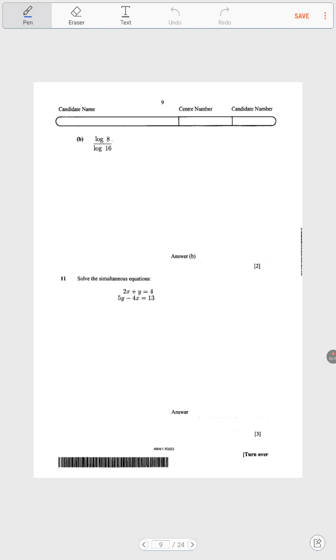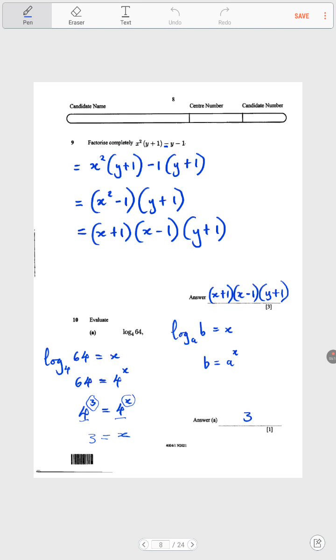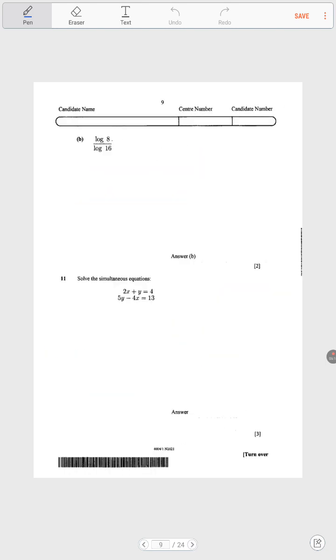Okay, let's carry on. We have number 10. This is number 10b. Number 10b says log 8 over log 16. So carrying on from that, this is the same as log 2 to the power 3, and this is the same as log 2 to the power 4.